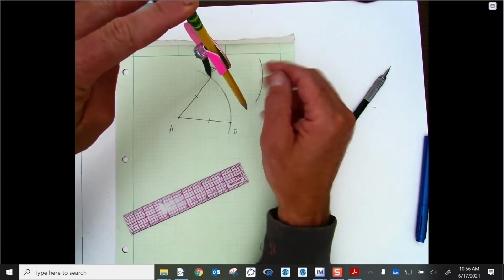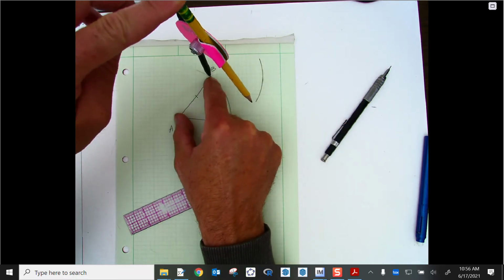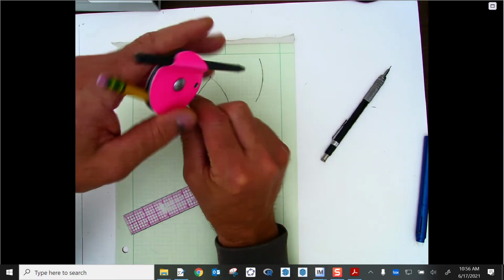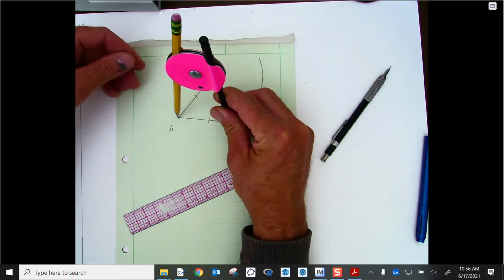So those would be a collection of points that are exactly that length from B. If I play the same game with D, and of course I shouldn't have to change my compass. No, I don't, right?